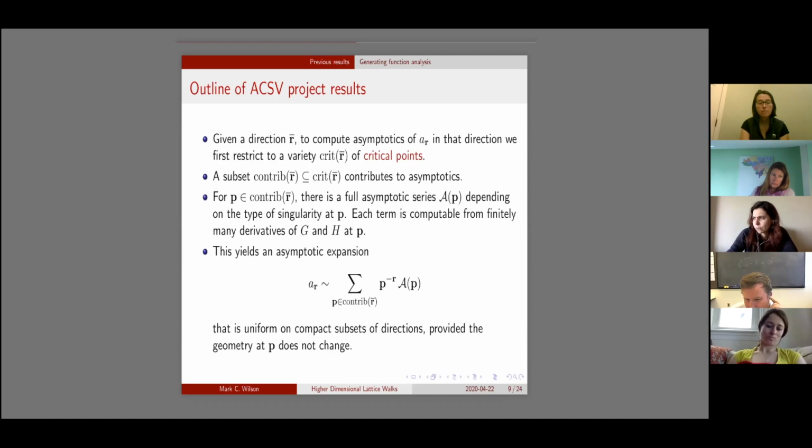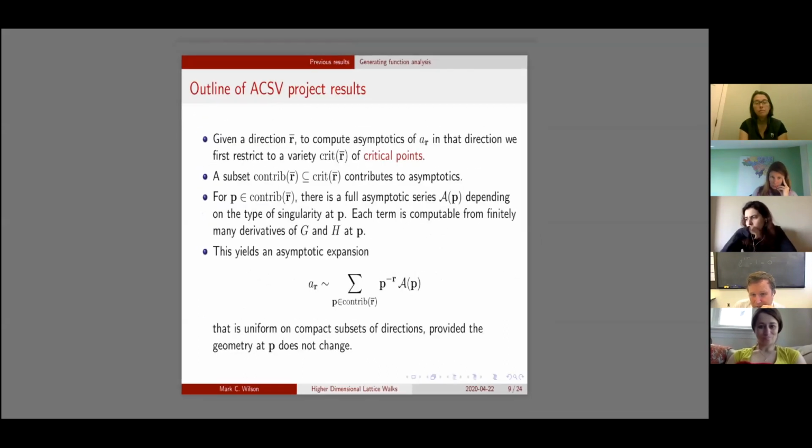It doesn't work very well if you wanted, for example, to understand what the 1002, 999 entry would look like. And if you want some kind of uniform approximation, the only method that I know that works is the one that we have produced, which is based on multivariable complex analysis.